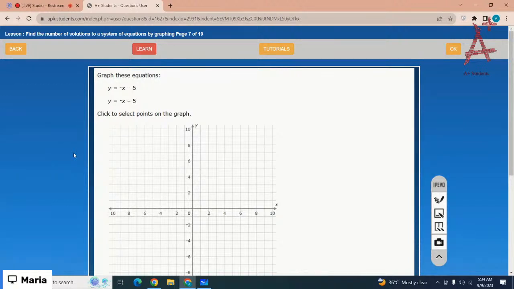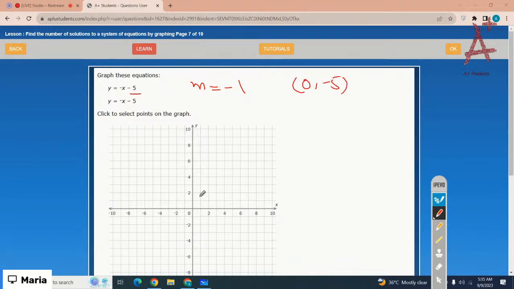Okay, graph these equations. Both the equations are exactly the same. They have infinitely many solutions, right? How do we plot the equations? Just look at their slope. They both have slope equals negative 1 and the y-intercept for both is 0, negative 5, right? X is 0, y is negative 5.